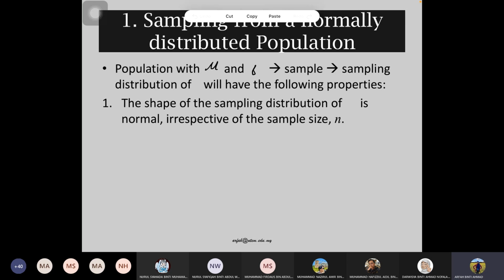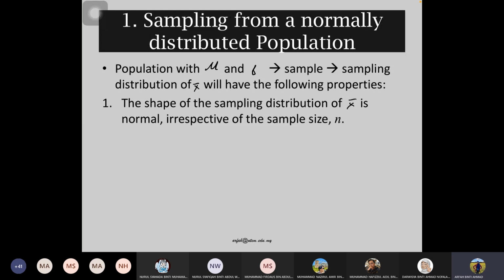The sampling distribution of X bar, the sample mean, has the following properties. The shape of the sampling distribution of X bar is normal irrespective of the sample size. Meaning that you have a population that follows a normal distribution and then you take a sample of N.